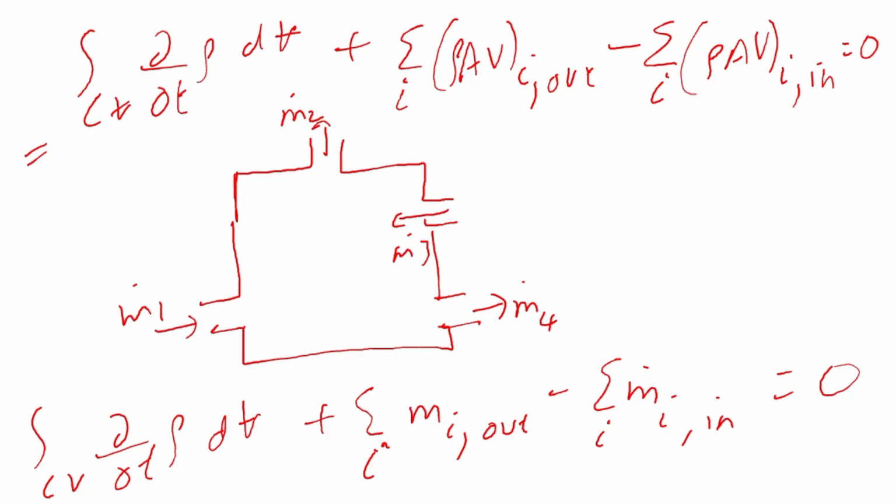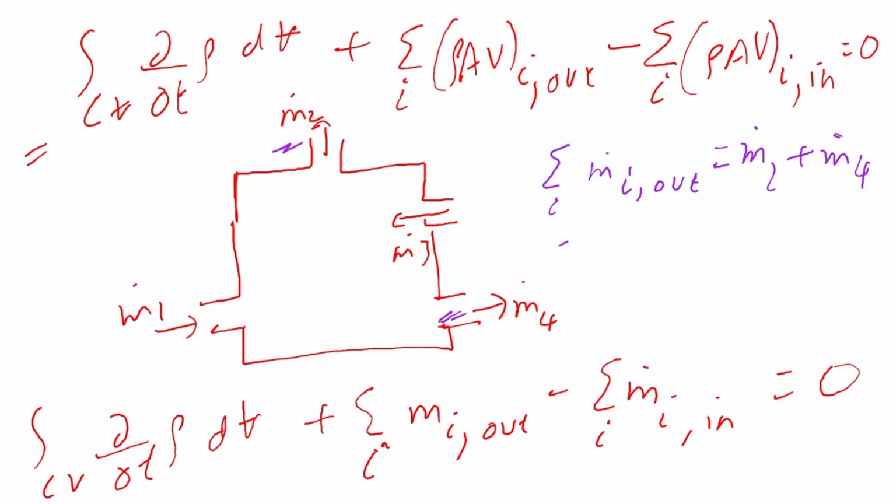Okay, so essentially what we are doing is clubbing up all of the ins and outs. The summation of i m dot i coming out: which are the ones coming out? m dot 2 is coming out of the system, and then m dot 4 is coming out of the system, right? So these just get added up.